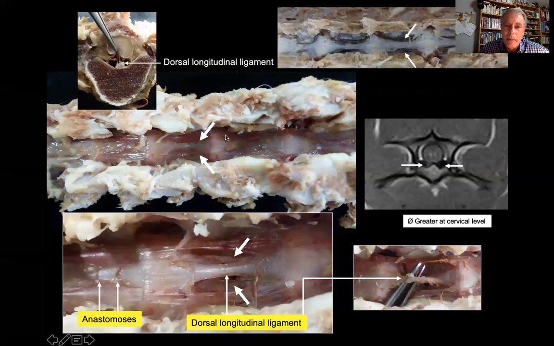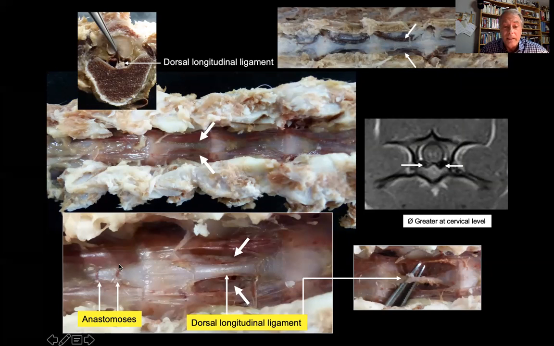So again, remember, this is the plexus venosus that runs on both sides of the dorsal longitudinal ligament. Look, this is the dorsal longitudinal ligament, okay, that widens at the level of the intervertebral disc, okay? This is the dorsal longitudinal ligament, okay? On a transverse section, you can see the dorsal longitudinal ligament, and on both sides, the plexus venosus vertebralis internus ventralis.